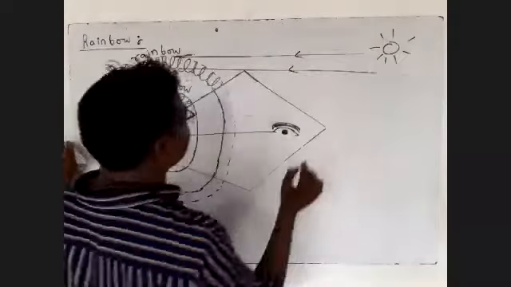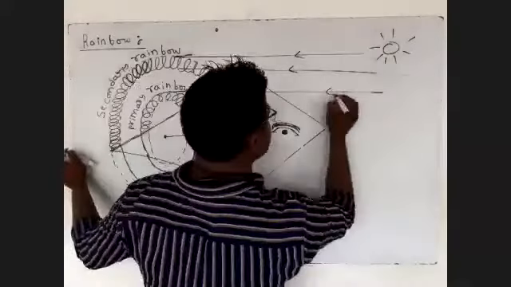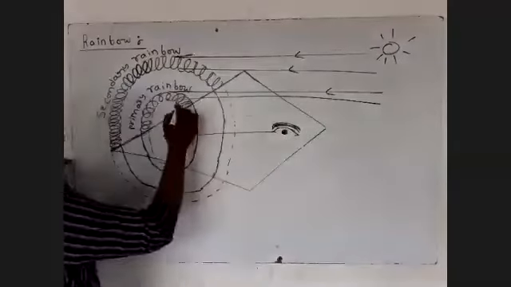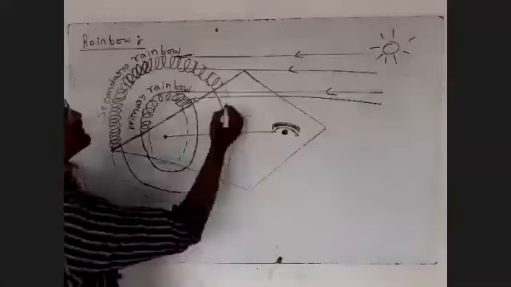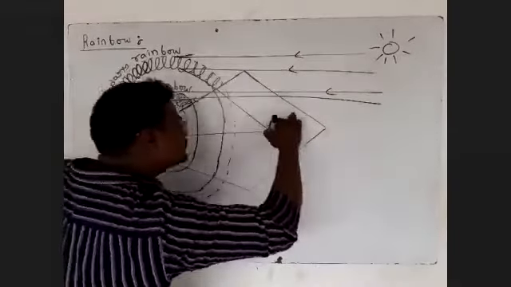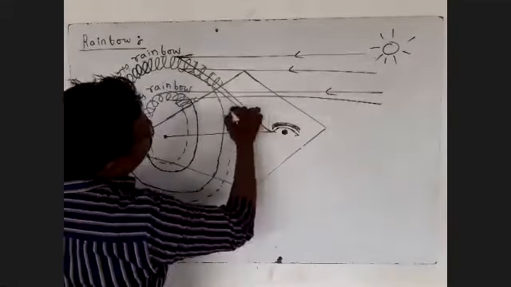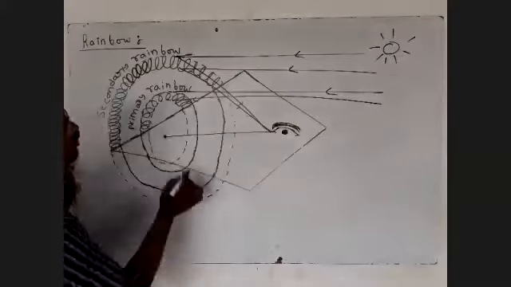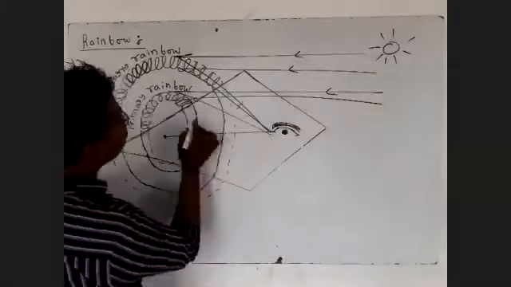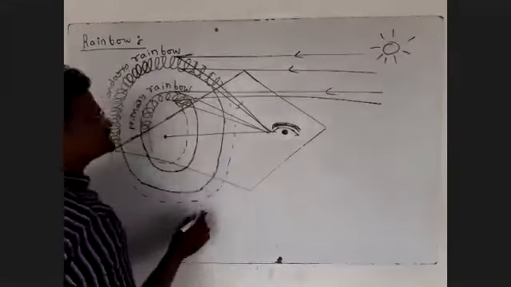This is a light ray. This light ray is also coming from the sun. This is a light ray reaching the observer after reflection. These rays are coming from the second rainbow. Here also we are getting two rays of light.